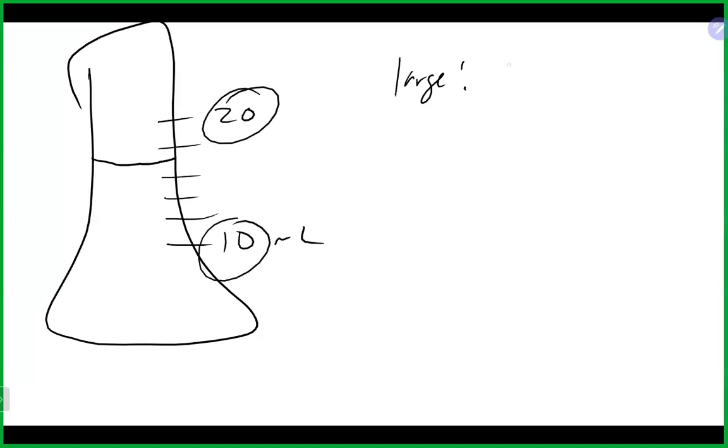So what happens if I have this graduated cylinder? Bad quality control at the plant there. All right, I got milliliters. So large markings here is how much again? Between this and this is 10 milliliters.